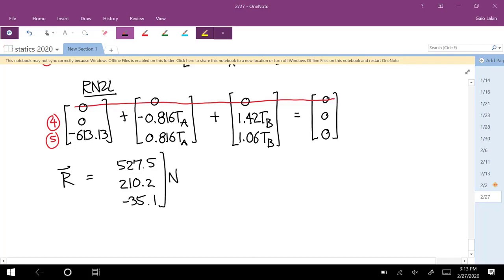Those are all newtons. And the tension in cable A is 429.6 newtons. And the tension in cable B is 247.7 newtons.